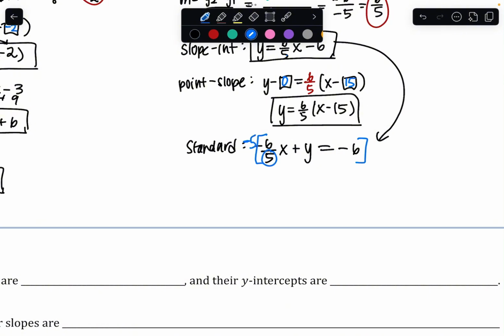Okay, and so -5 times -6 is 30 over 5, which is just 6. The 5's cancel, and it becomes positive, just like we wanted. -5 times y is -5y, and -5 times -6 is positive 30.